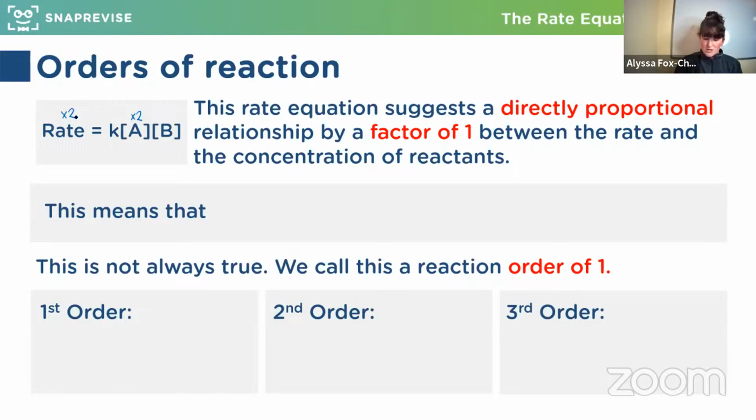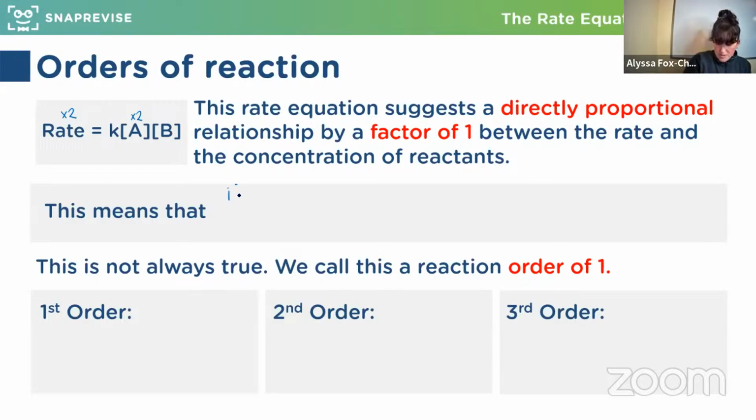If A was, let's use easy numbers, 3 moles per decimeter cubed, and I change it to 6, so I've doubled it, the rate is directly proportional. Because of this equation, rate is equal to k, which is a constant, times the concentration of A times the concentration of B. If everything else stays the same and I double A, well, then the rate has to double.